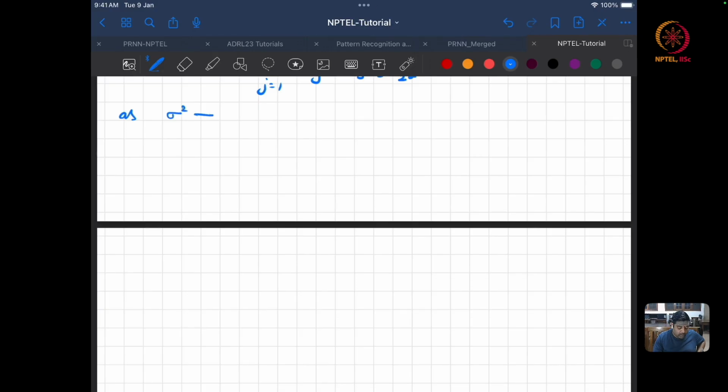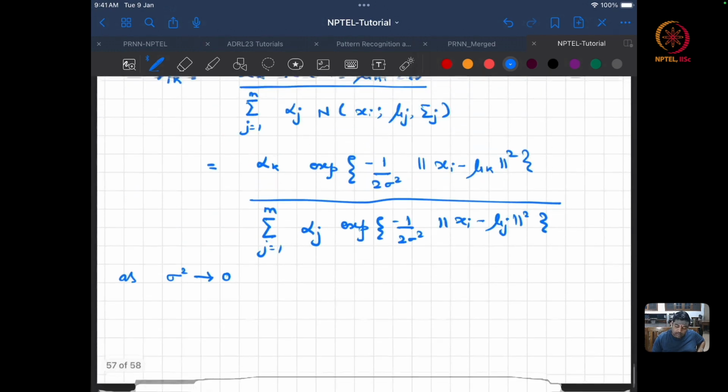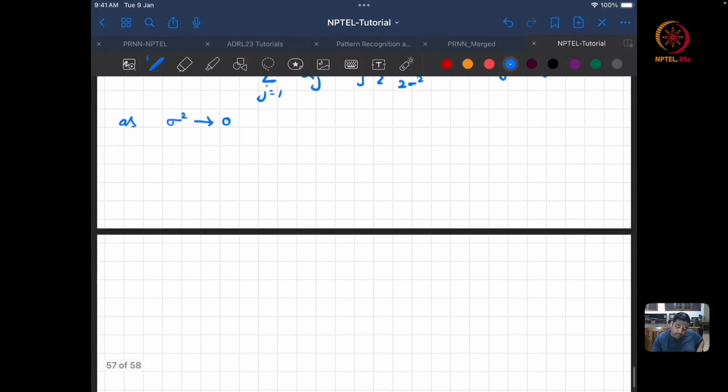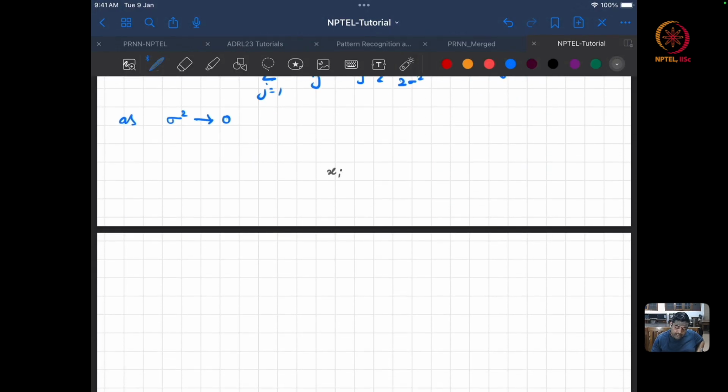It is evident and easy to see what happens as sigma square tends to 0. In the summation, what will be the dominant value? To understand that, let's take a point xi, and then you have mu1 and mu2. This is the distance, let's call it d1, and this is the distance d2. It is evident that xi is near to mu1.